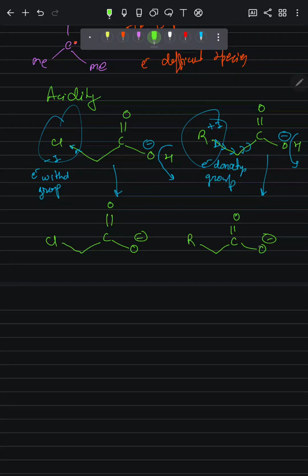So the stability of this anion is more on the chlorine side. Why is that? Because this is an electron withdrawing group, so the electron density will travel all the way from here to chlorine and make this a stable one, and this will be unstable, as the donating group will make the electron density even more dense here.